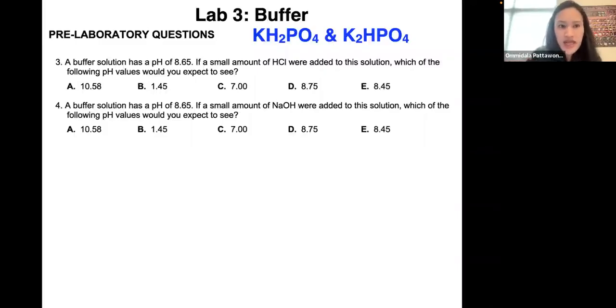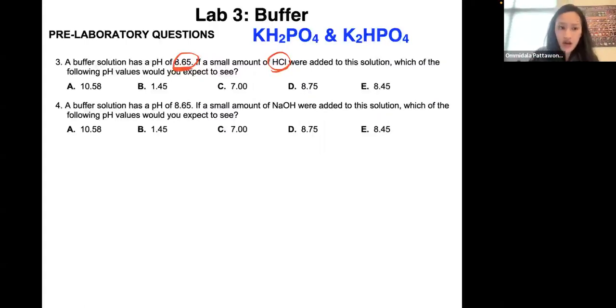It means that if a buffer solution has a pH of 8.65, when you add a small amount of strong acid such as HCl into the buffer solution, this is what is going to happen. This buffer is going to resist that pH change. So pH will change, but it will not change much. It's going to change slightly.